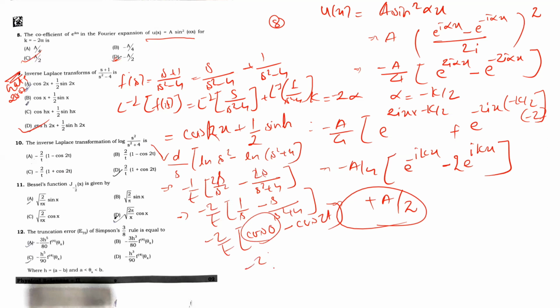Cos 0 is your 1, so minus 2 by t. So it will give you 1 minus cos of 2t. Clear? This is how you can write. So it is minus 2 by t, 1 minus cos 2t. So for this, J minus half Jx is given. This is directly option D, root over 2 pi x by cos x. But if it would be plus 1 by 2, then it would be sine. Clear?